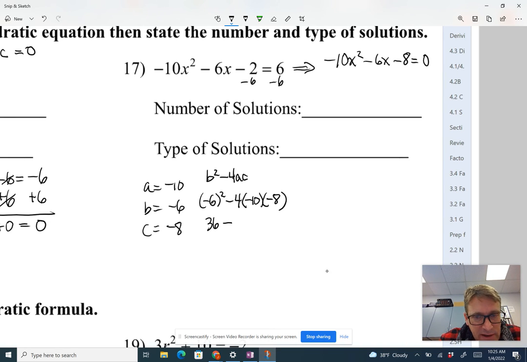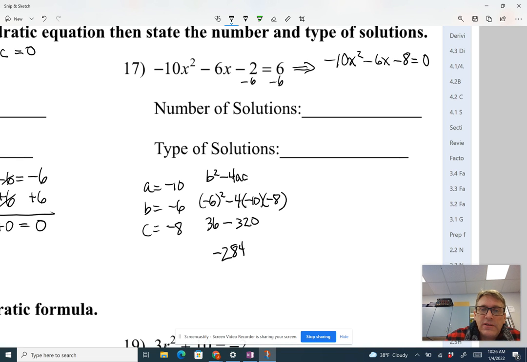So the answer there is going to be negative 4 times 10 times 8, which would be 320. And so 36 minus 320 is negative 284. And that's the value of our discriminant.